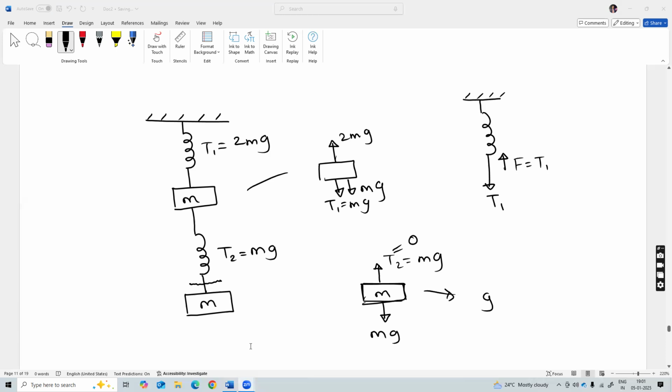If you cut this spring, at the moment you cut it from here, this mass will be under acceleration due to gravity.